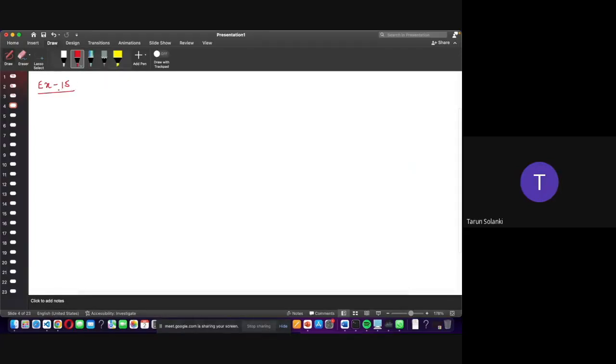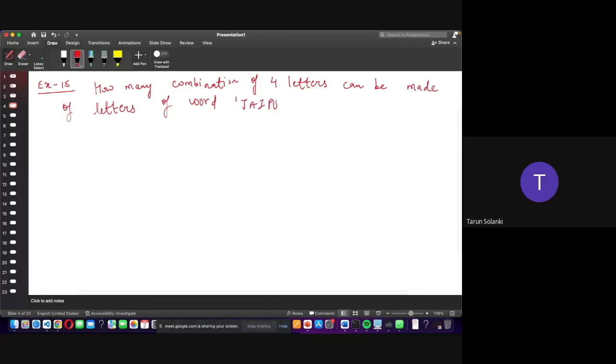Next, example 15 of this chapter. How many combinations can be made of the letters of the word Jaipur?